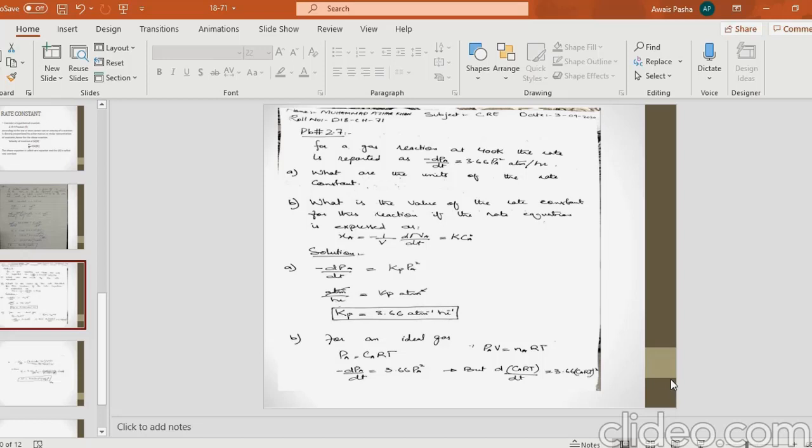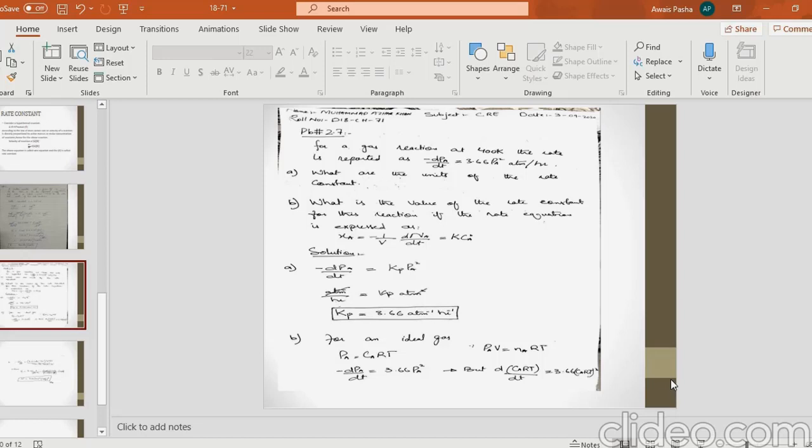When we discuss the rate of reaction of gases, then we take pressure in place of concentration. We know that the negative rate of change of pressure with respect to time is equal to Kp and the partial pressure of A square. This is from the given equation.